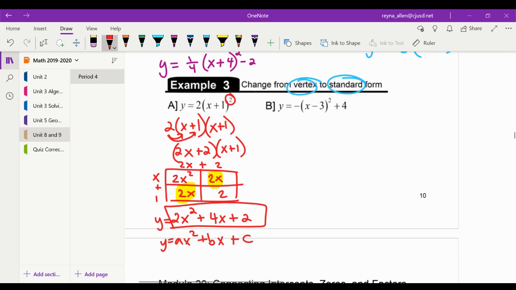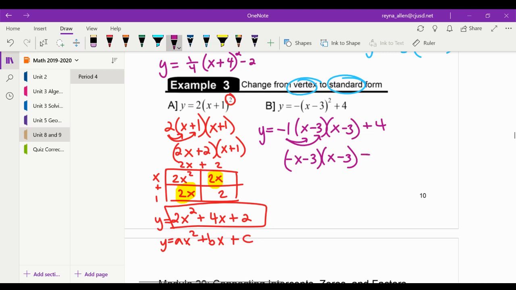This one, same thing. If we want to change it from vertex to standard, we just expand it. So negative 1, make sure you're following PEMDAS. So let's do this one. Negative x minus 3, x minus 3. Let's do FOIL for this one.